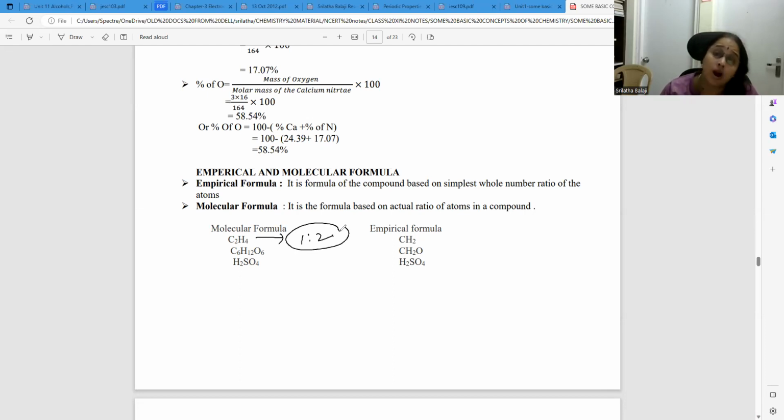So the formula based on this simplest ratio is called the empirical formula. For glucose, what is the actual ratio? Actual is C6H12O6. The simplest ratio is 1:2:1. So the formula based on the simplest ratio, CH2O, will be the empirical formula. Clear? Now coming to H2SO4.